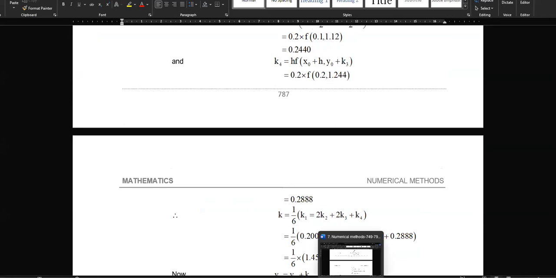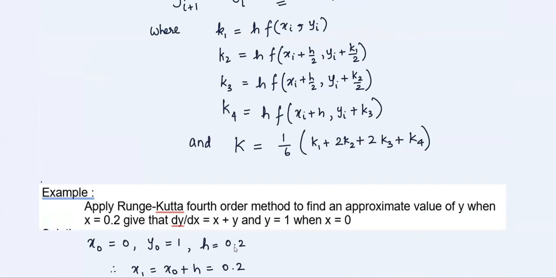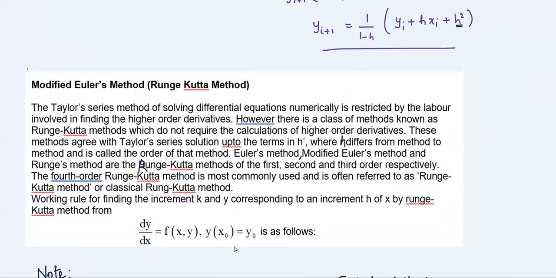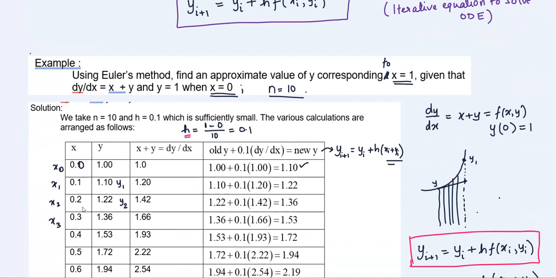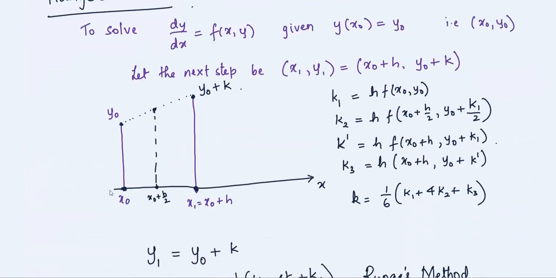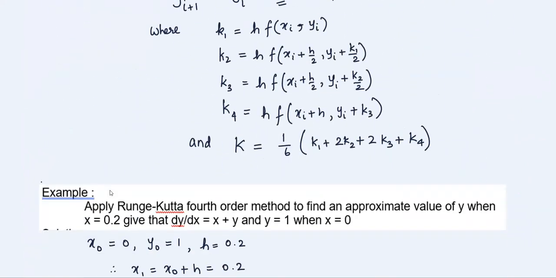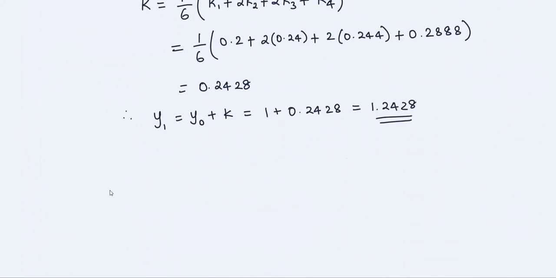Now, let us compare with the value we got by the Euler's method for 0.2. For Euler's method, we got 1.36. Okay, y2 value. But here we are getting 1.2428. So that's the difference for the same result.